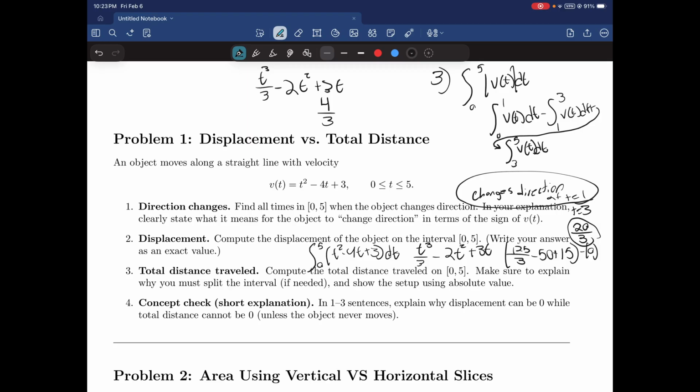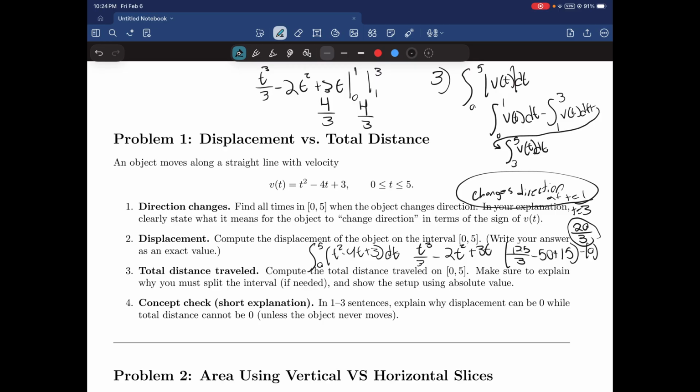That is from 0 to 1. And then we evaluate it from 1 to 3. Plug in 3, I'm just going to put it in the calculator. Negative 4/3, absolute value, so yeah, 4/3.